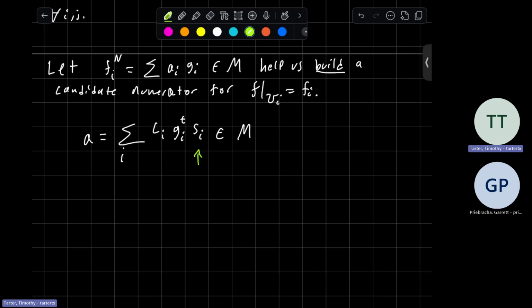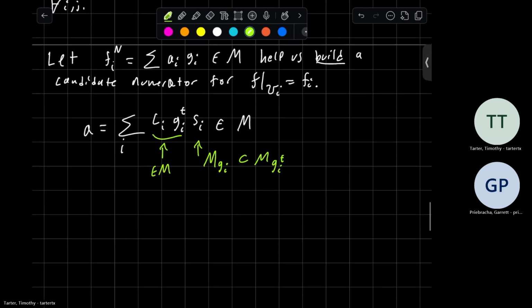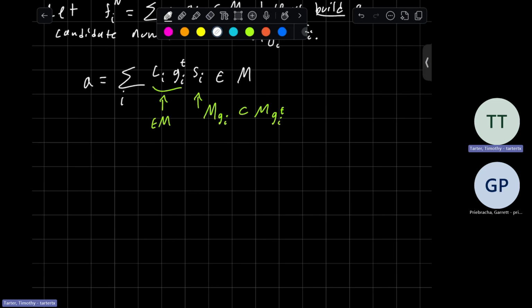This is specific to M_{g_i}, which is contained in M_{g_i} to the t. And then this is in M.